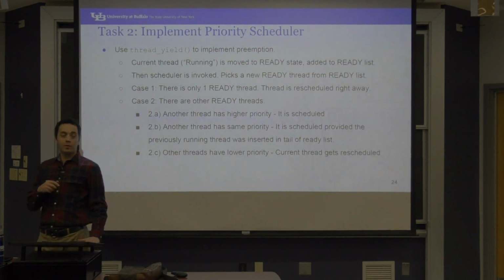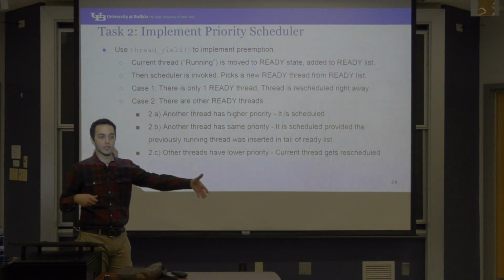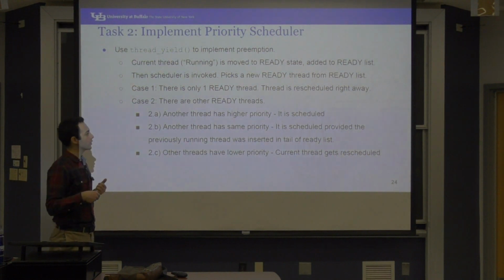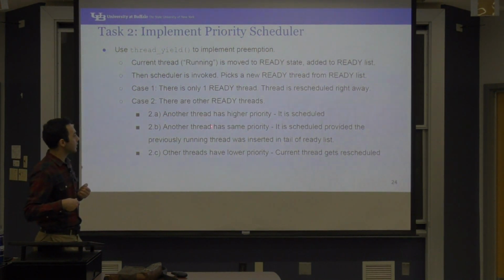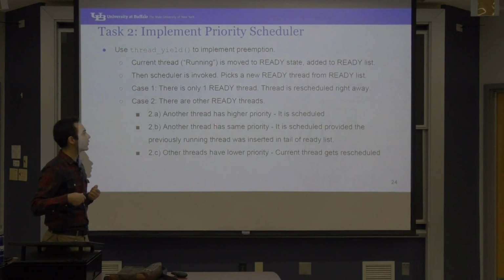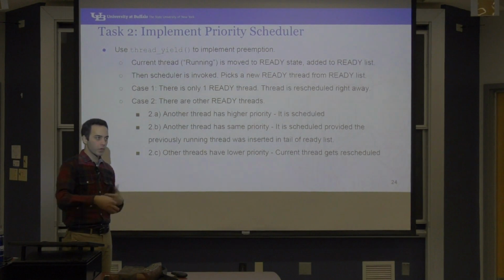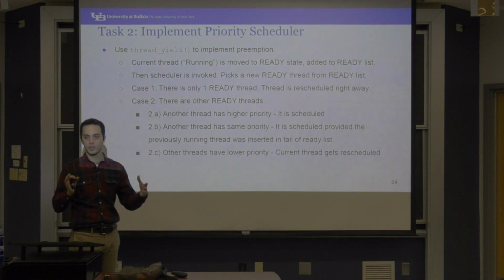But if you now implement the priority, the scheduler should not just take the first one in the list. It should go into the list and pick the best one, right? Which has the highest priority. And if different threads have the same priority, then they should go first in, first out in the same queue.